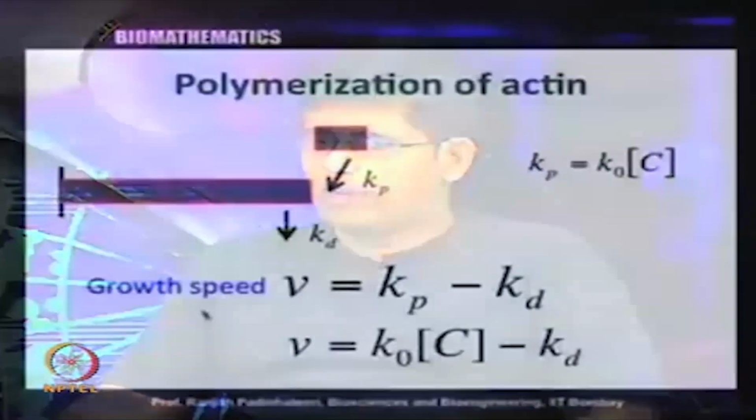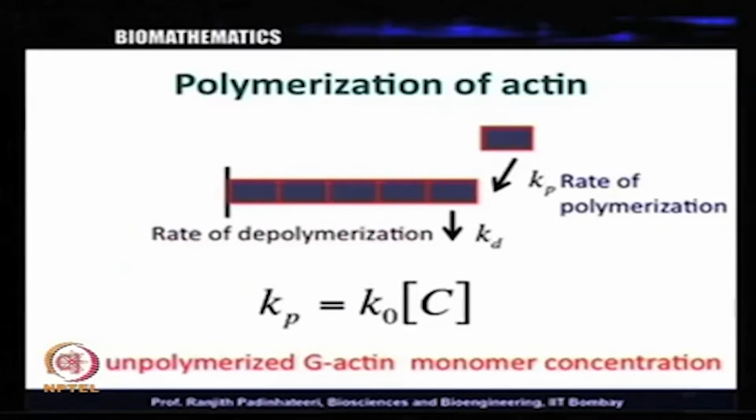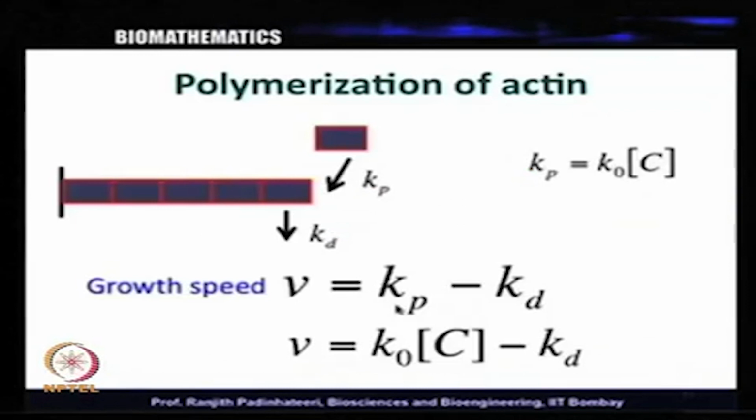Now let us look here. Once we understand that the rate of polymerization Kp is k0 times C, we can write down the growth speed as Kp minus Kd, which is common sense again.